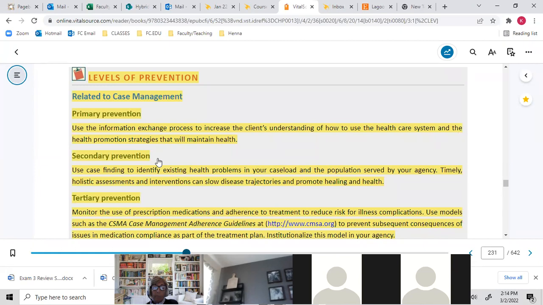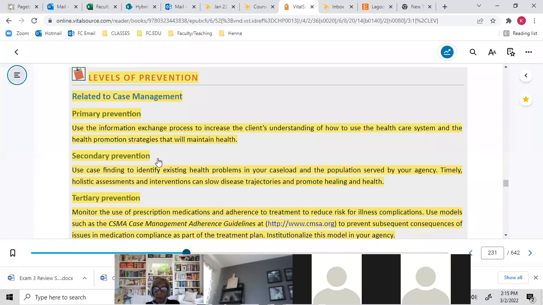You're trying to figure out what the background information is before you can implement anything. Okay, that's part of it. But it says it right in the sentence. We're trying to increase the client's understanding of how to use the healthcare system and how to use the health promotion strategies so that they will maintain their health, so they're not sick yet. We're trying to provide them education on how to utilize the system.